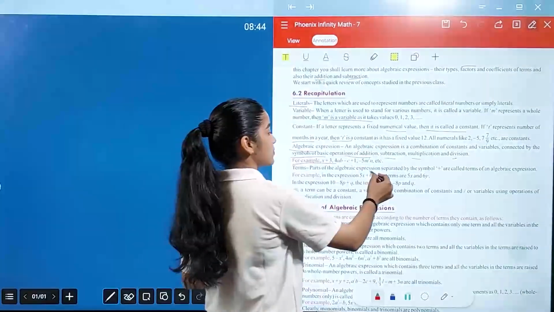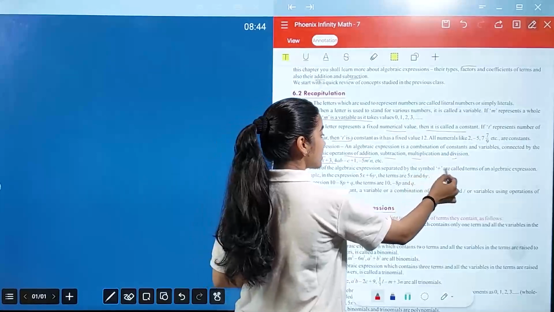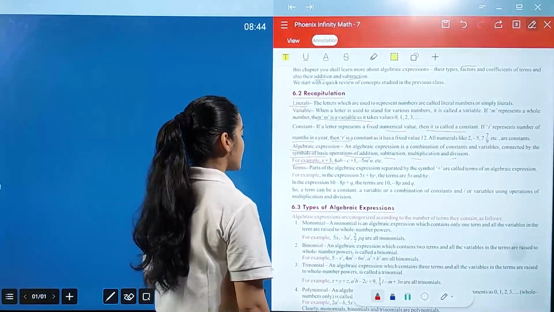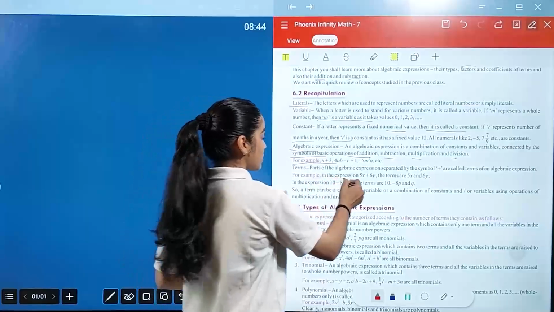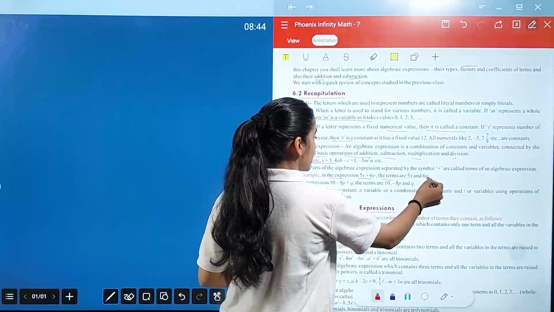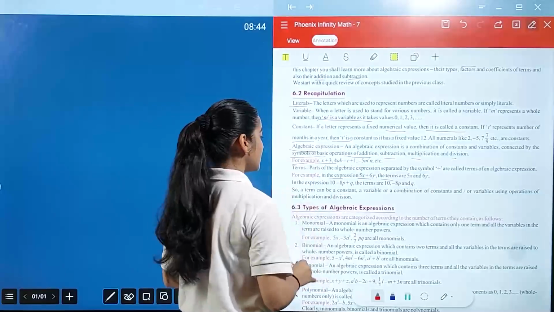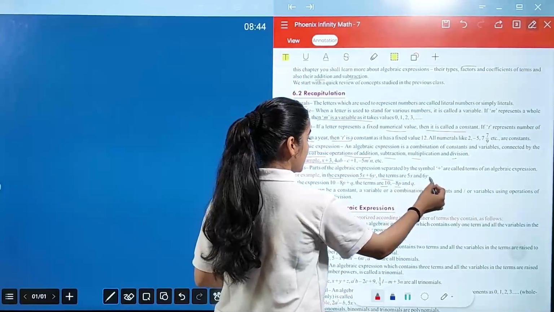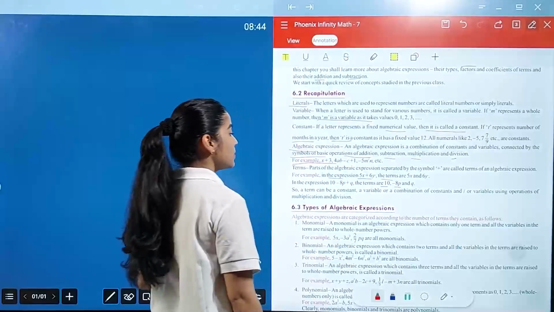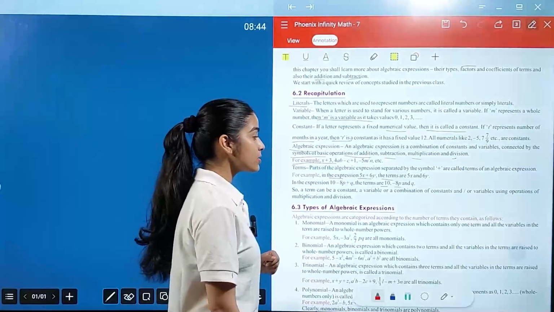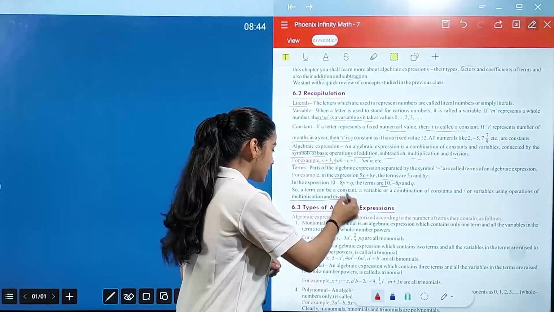Parts of the algebraic expression separated by the symbol plus are called terms of an algebraic expression. For example, in the expression 5x plus 6y square, the terms are 5x and 6y square. In the expression 10 minus 8p plus q, the terms are 10 minus 8p and q. A term can be a constant, a variable or a combination of constants and variables using the operations multiplication and division.